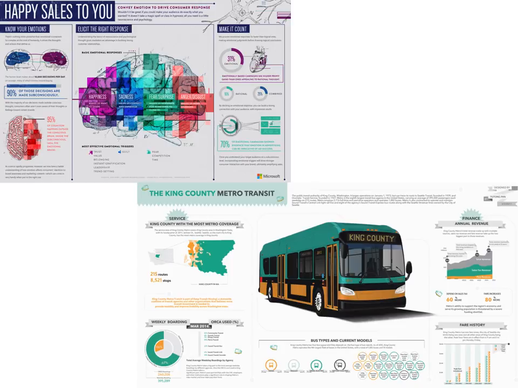For example, fare history and annual revenue were grouped together because they are all about finance. Three big sections are separated by lines, and inside those sections, each display was separated by its ribbon-style title. Also, I emulate my layout model by making the left section a little bit larger than the right section.